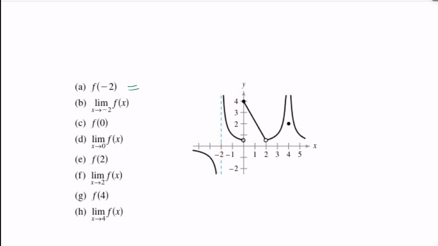Now clearly you can see that there is a vertical asymptote at x equals negative 2. So there is no specific value attached to the graph at x equals negative 2. For that matter, we say that the value of f of negative 2 is undefined.